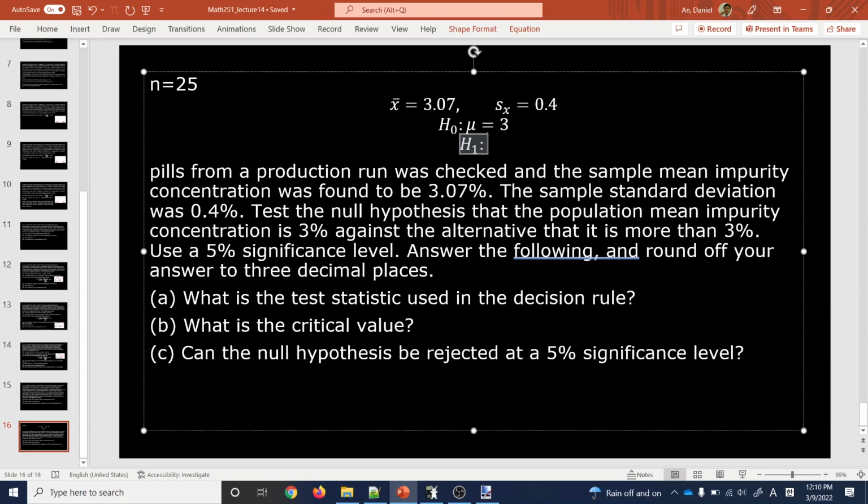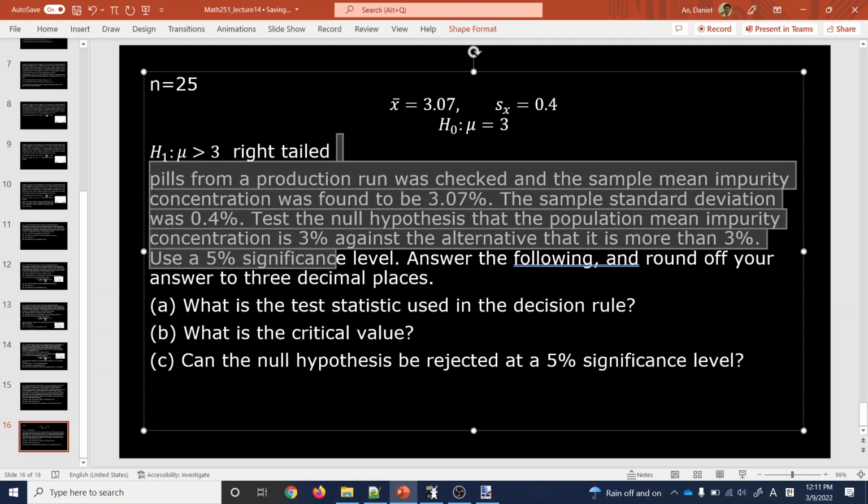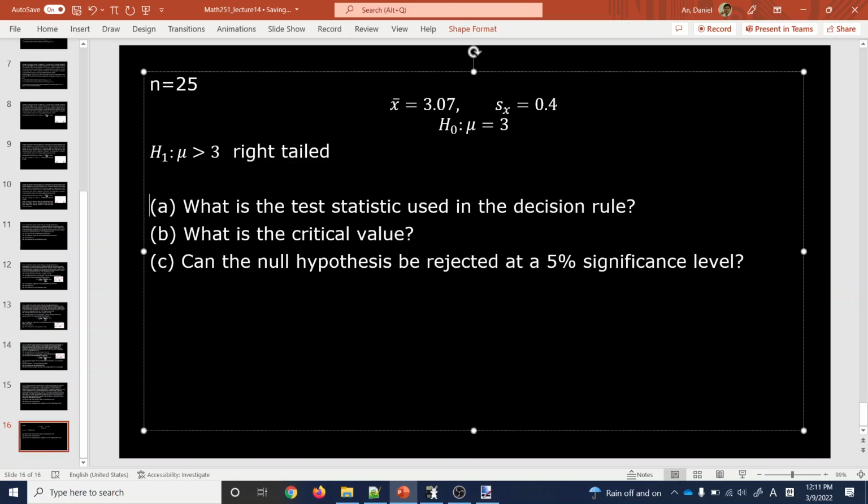So you want to see that mu is greater than 3, which means this is, again, a right tail. All right. And what's our significance level? I deleted it, it was 5%, right? So your alpha, which is the symbol for the significance level, is 0.05. Okay.